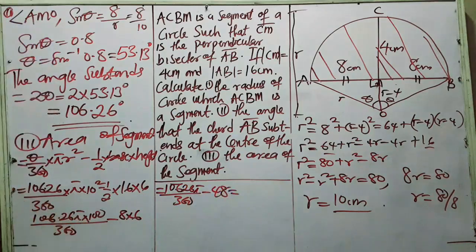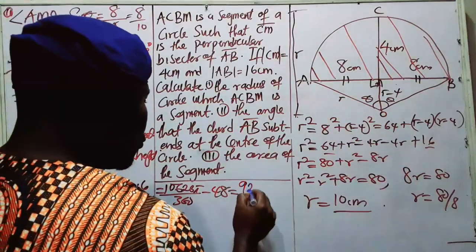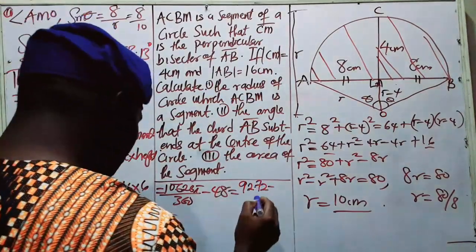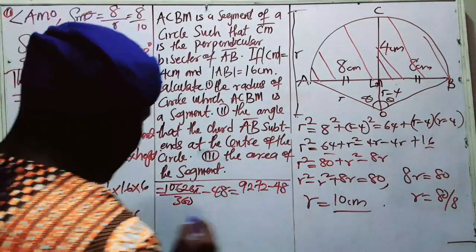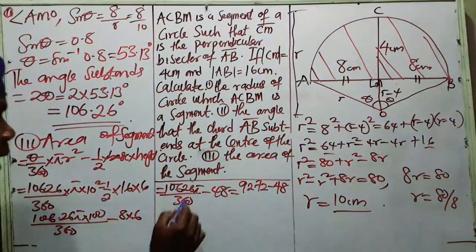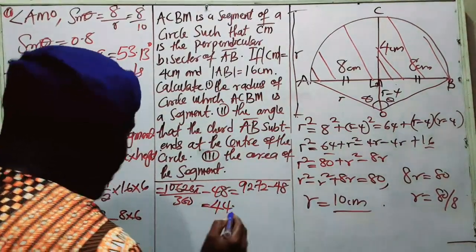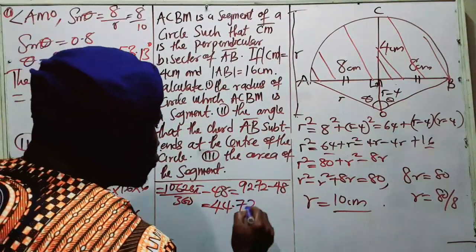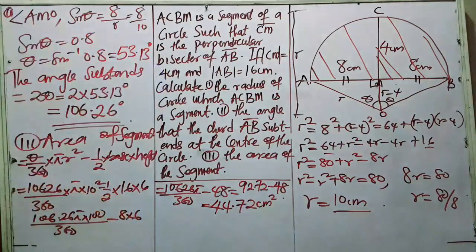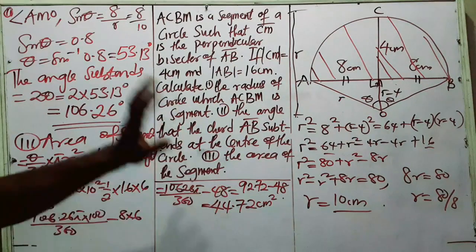By the time you press your calculator, you have 92.72 minus 48. So the final answer will give us 44.72 centimeters squared. So this is the value for the area of the segment.